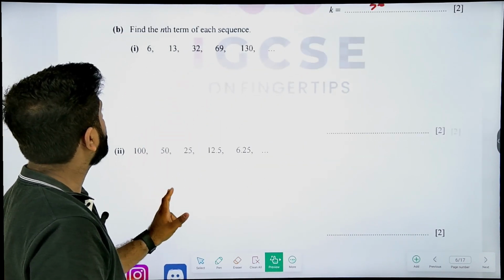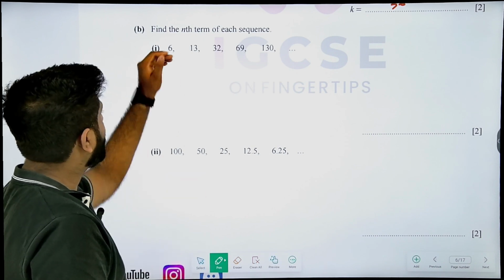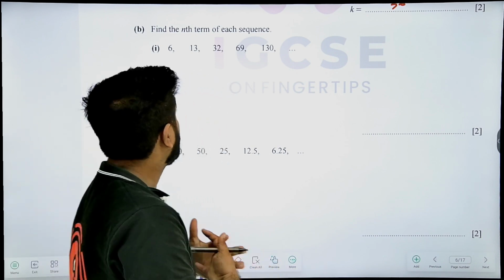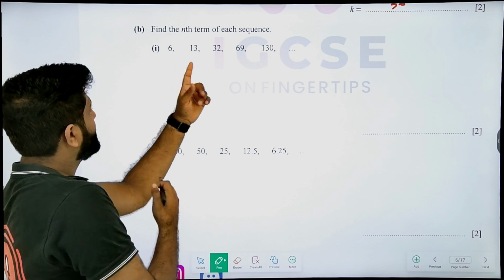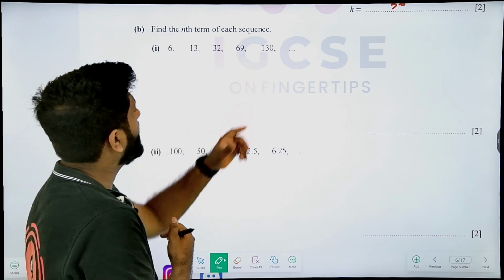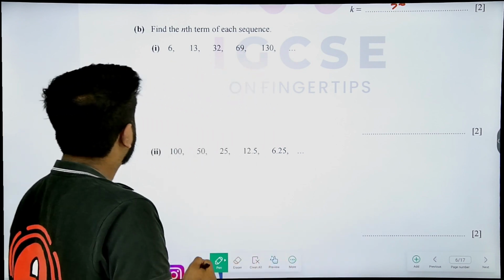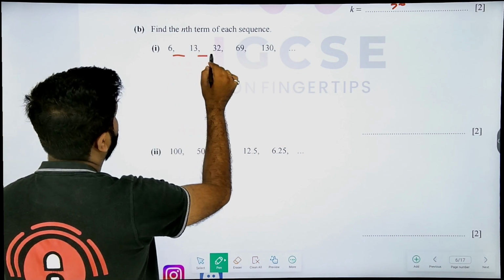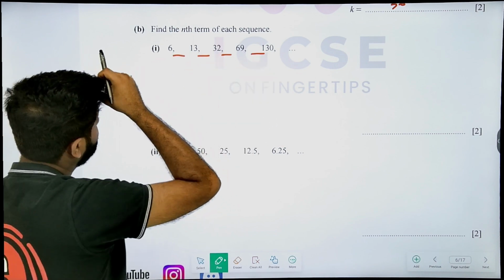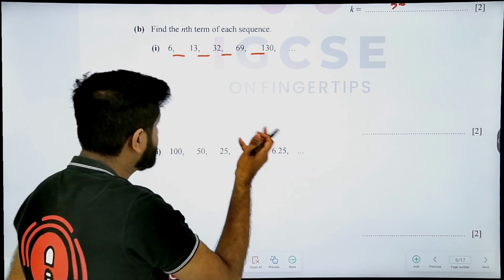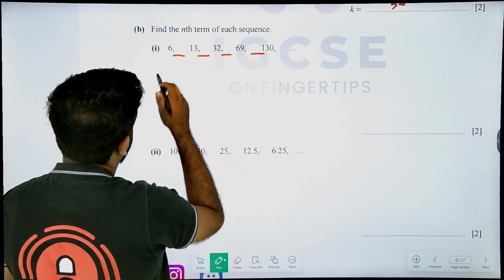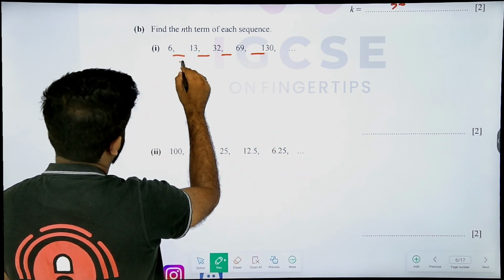Now I have one more sequence. Find the nth term of each sequence. Okay, so the sequence is 6, 13, 32, 69, 130 and so on. I think let me take difference first. The difference of the first two is 7.